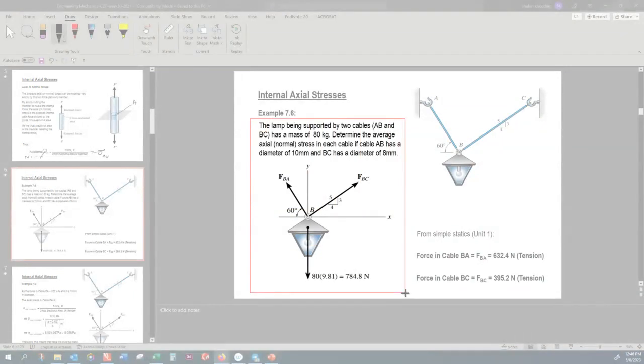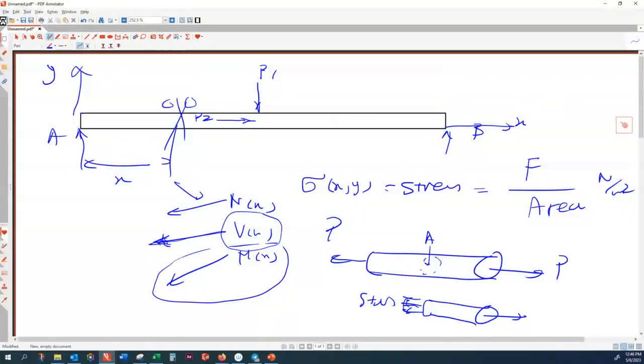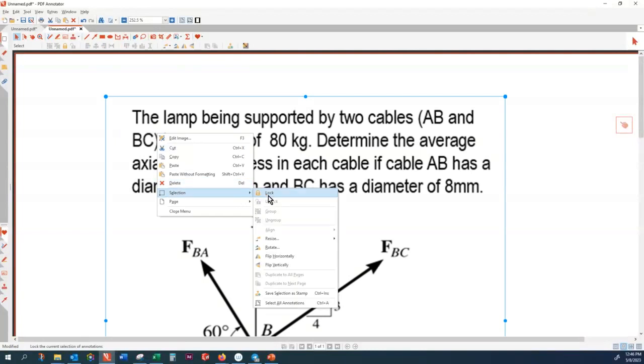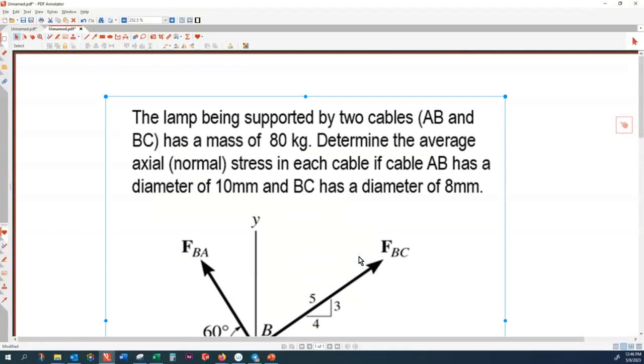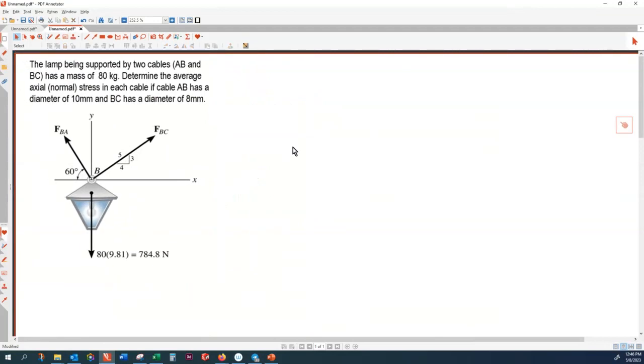First, I have to make a free body diagram. Okay, so this is my free body diagram.